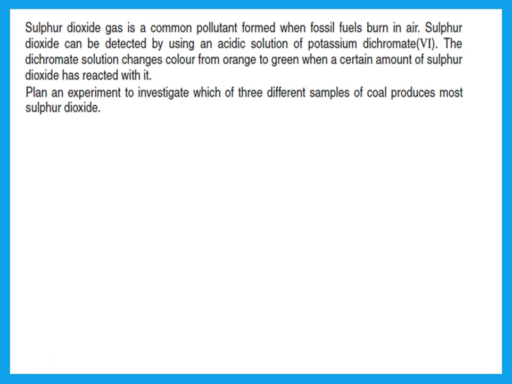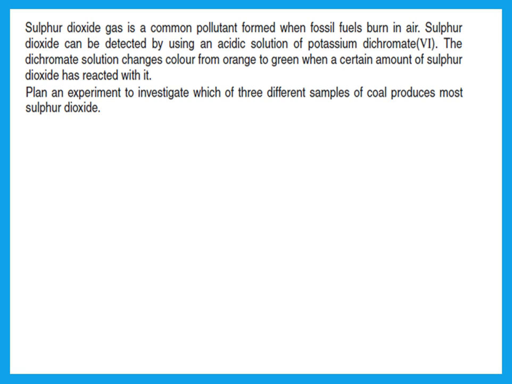Okay, what does he want? Plan an experiment to investigate which of 3 different samples of coal produces most sulfur dioxide. Remember we said sulfur dioxide gas is the gas that causes acid rain. Where do we get it from? We get it from burning fossil fuels that have sulfur impurities. So the coal, if you burn it, it gives sulfur dioxide, and I have 3 samples of coal.